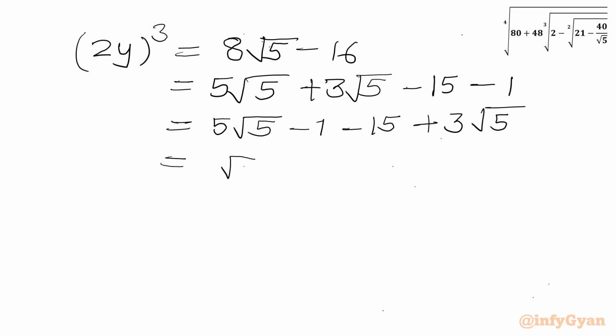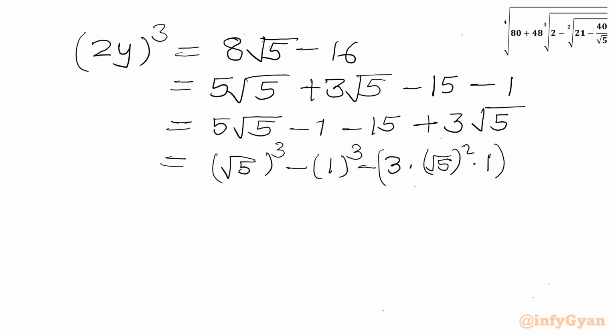Now this is root 5 whole cube minus this is 1 cube minus 3 times root 5 square times 1, 3a square b, plus 3a times b square.